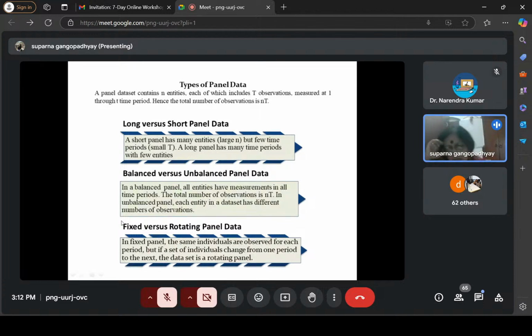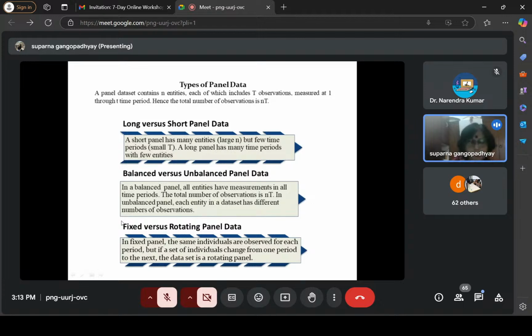For short panel data, if I say my cross-section unit is N, capital N, which is usually done in econometrics, then N is greater than T. The time period is fewer. And the reverse is for long panel data: the number of time periods you are considering exceeds your cross-sectional N. Clear? So one is arranged widely, another is arranged in a long manner.